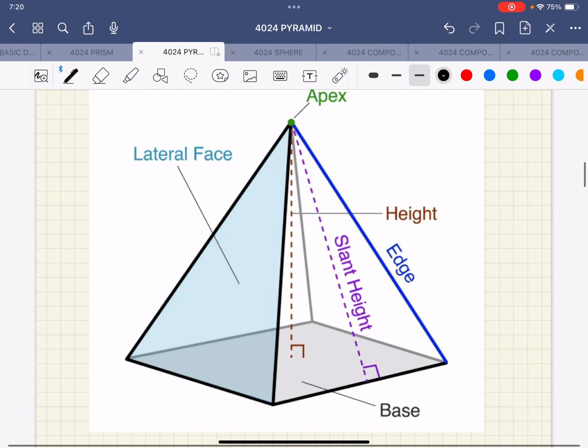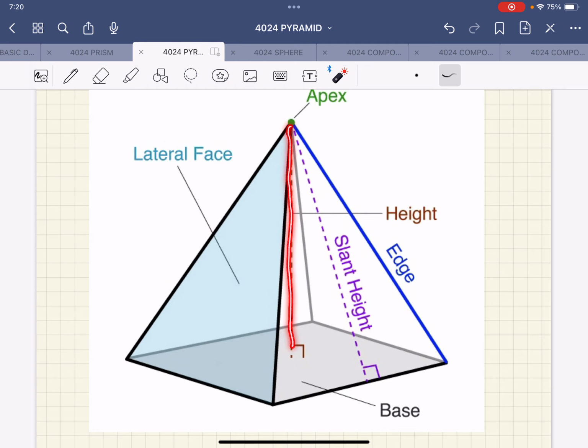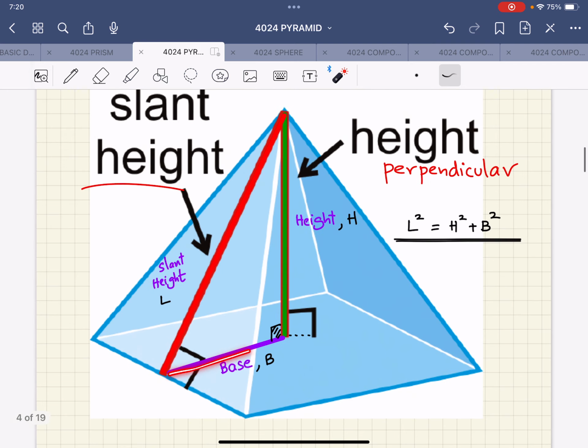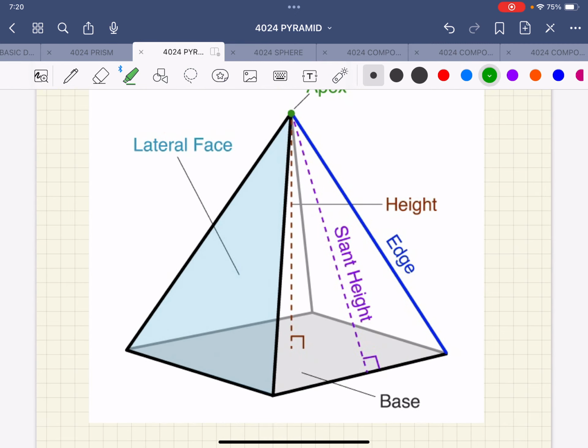If I look at this diagram, what I see is that this is the lateral face. Then this is the perpendicular height, which I have labeled over here in green color. Base is in purple color, and this slant height is in red color. So let me use the same colors over here.